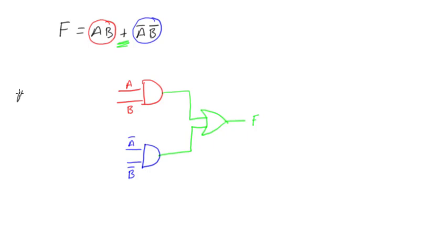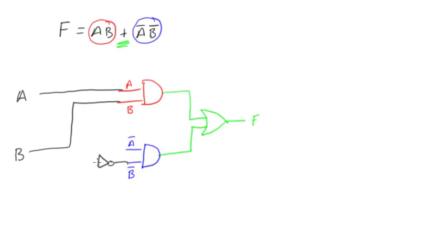Now if our inputs are A and B, that's pretty simple for this input and that input. But here we need to create an A not and a B not.